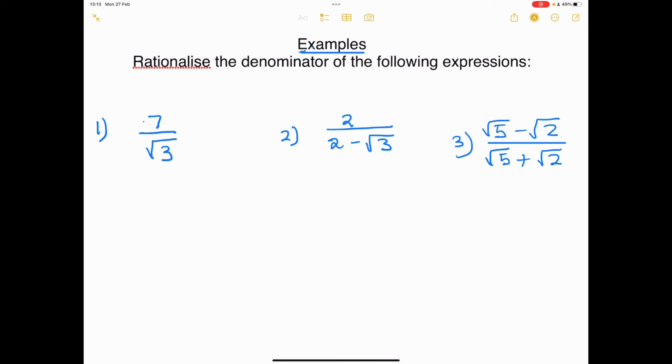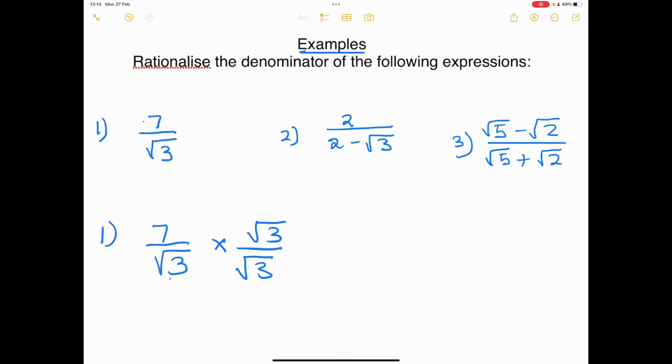Let's start with the very first one. They are telling us we've got 7 over root 3. And what did we say? You multiply by the conjugate of the expression, and the conjugate will be exactly what we have there in the surd. So we've got root 3 over root 3.